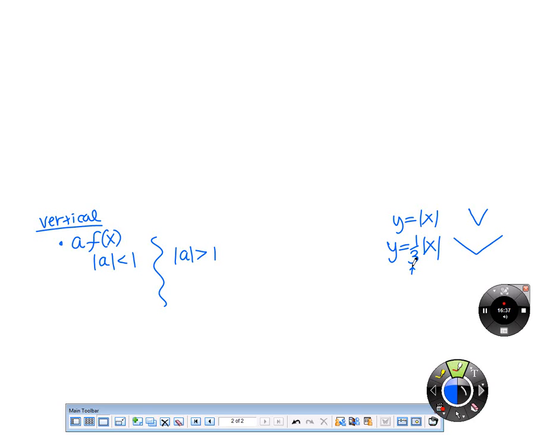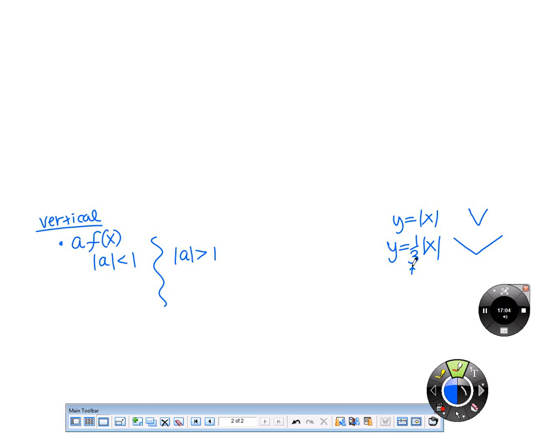What do you guys think? If I took this graph right now, if I could take it off the paper and stretch it vertically, would it get narrower or wider? Narrower, right? But if I took it off and I could compress it together, the arms of the V would be forced out to go wider if I squished it that way, right? So if it's getting wider, what's happening is it's being compressed vertically to be forced to get wider.